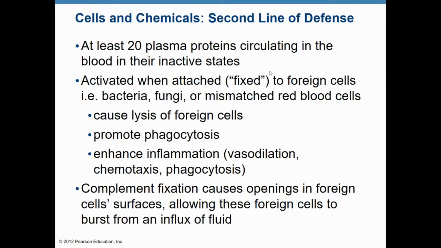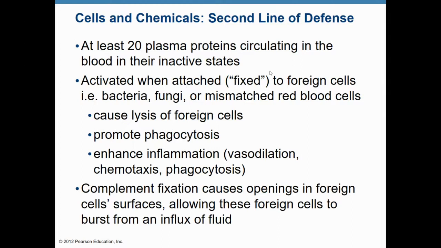And these complement proteins are going to cause lysis, or breaking apart of these foreign cells. They also are going to promote phagocytosis. They enhance inflammation, so they enhance vasodilation and chemotaxis and phagocytosis.